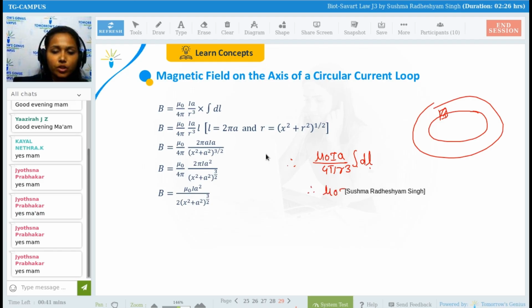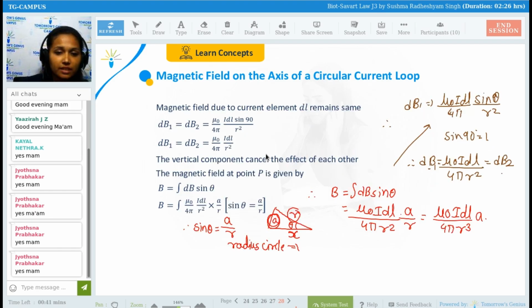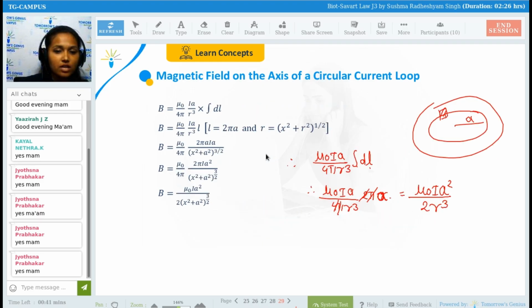So we get mu naught I a upon 4 pi r power cube, times 2 pi r. But here r is not the radius, a is the radius. So instead of r we write a. Now mu naught I a square, pi gets cancelled, 2 over 2 gets cancelled, and we get r power cube. Now what is your r? See students, this is your r, which is unknown to us. According to the Pythagoras theorem, x square plus a square is equal to r square.